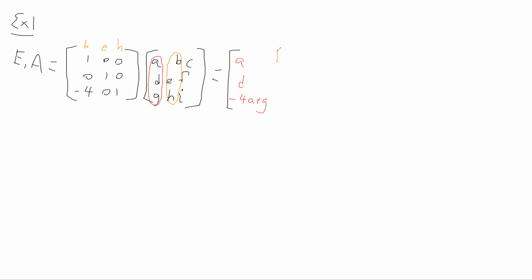First it's going to be B, and then E, and then negative 4B plus H. Next is going to be our third column, CFI. First it's going to be C, then F, and then negative 4C plus I.